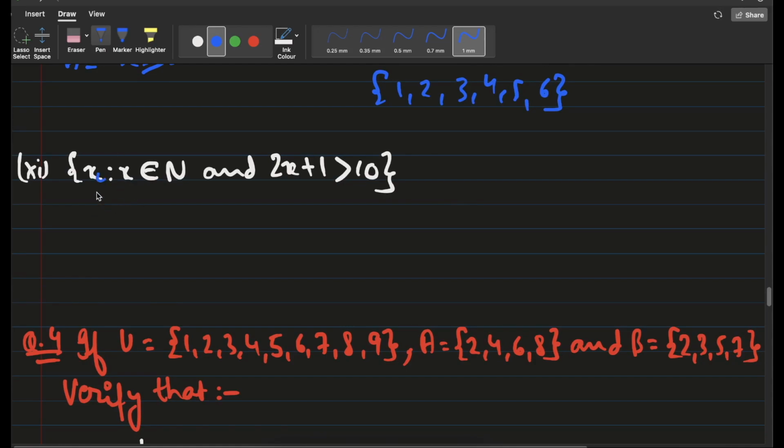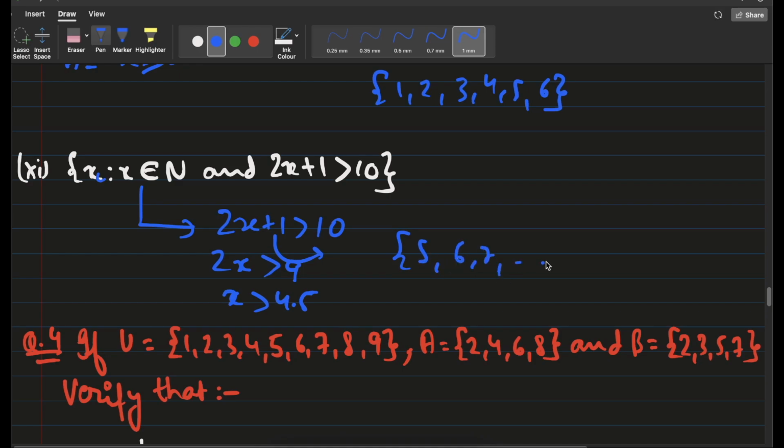So now next question, x such that x belongs to natural number and 2x plus 1 is greater than 10. नेचुरल नंबर्स तो हैं ही, और ऊपर से हमारा जो 2x प्लस 1 है ग्रेटर देन 10 होना चाहिए. तो हम यहाँ से x के ऊपर कंडीशन निकालेंगे. कैसे निकलेगी? ये 1 यहाँ पे राइट में जाएगा तो क्या बनेगा? 10 माइनस 1, 9, x वुड बी ग्रेटर देन 4.5. सो बेसिकली x क्या बनेंगे? 5 6 7 अप टू इंफिनिटी. ठीक है, now we have to remove these elements because here A were natural numbers greater than 4.5, which starts from 5 up to infinity, right?